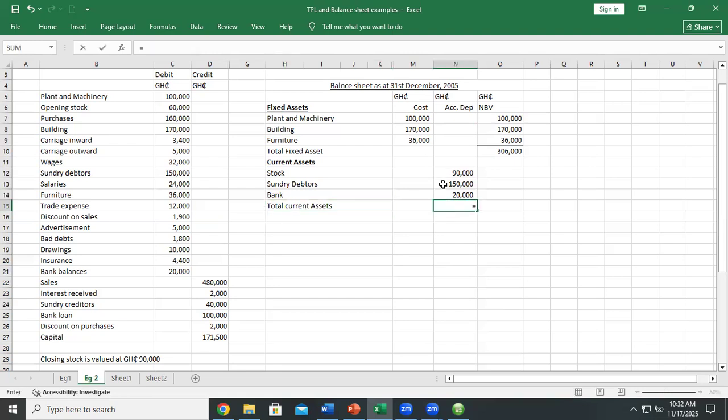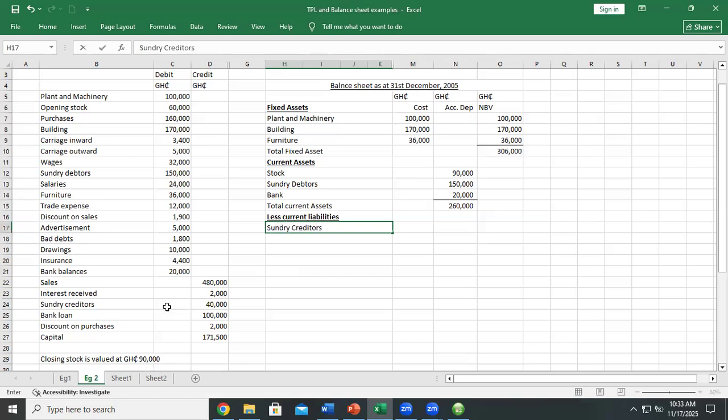And we go and gather the current liabilities. So we less current liabilities. We know them now: your creditors, your bank overdraft, expenses accrued, and income prepaid. So where is it? We look at the credit side here, and definitely you see this sundry creditors.